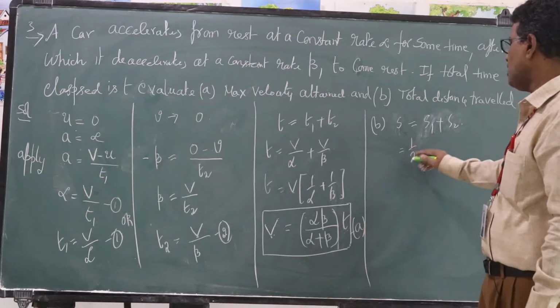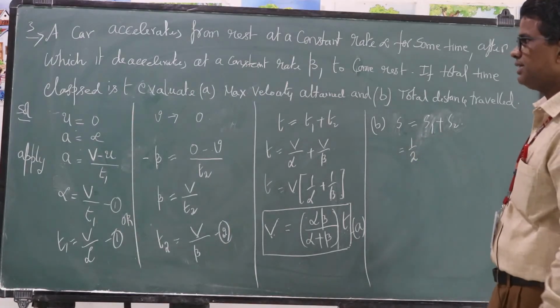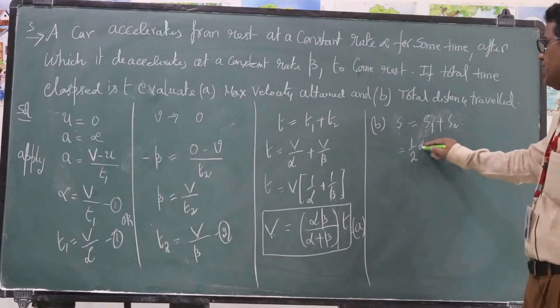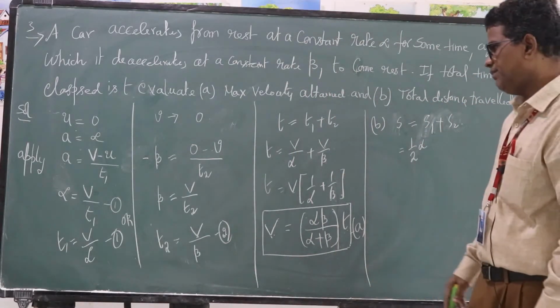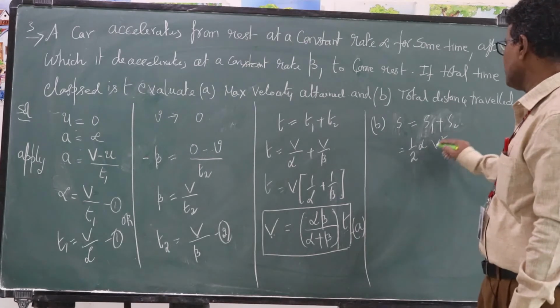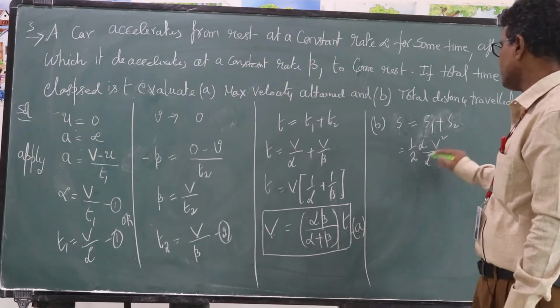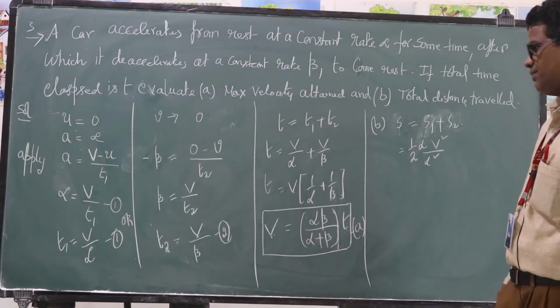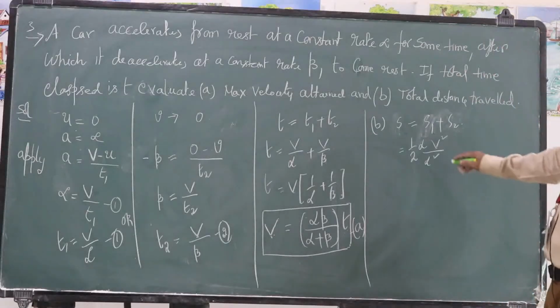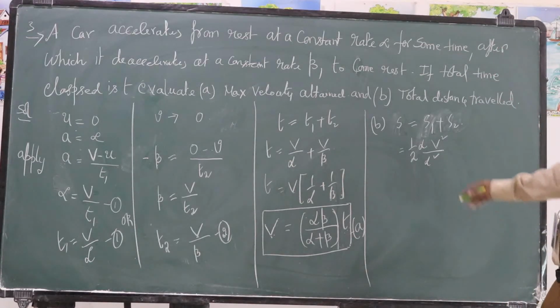S1 is half alpha t1 square, because the initial velocity is 0. T1 square is v square by alpha square, so that is v square by 2 alpha.